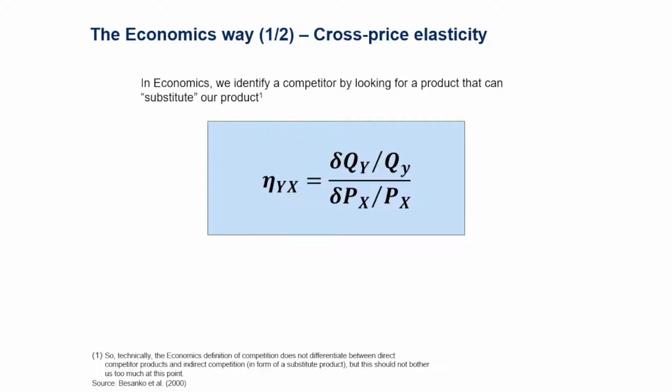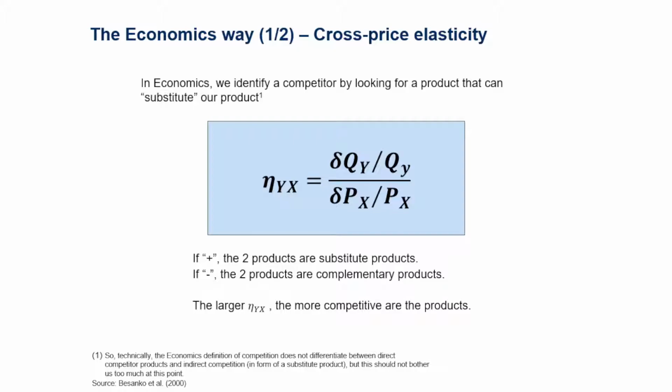What does it mean? It means how does the quantity that we can sell change if the competitor changes its price. So basically what happens here is if this equation is positive, then the two products are substitute products, are competitive products. Meaning, for example, if the competitor increases their price, the quantity for our product will go up.